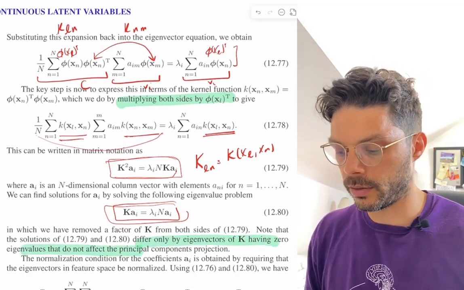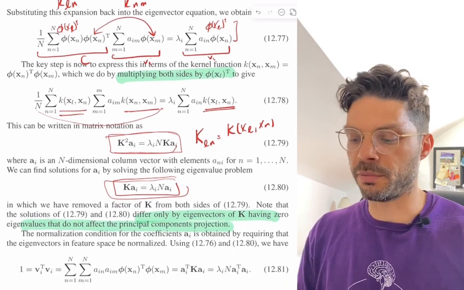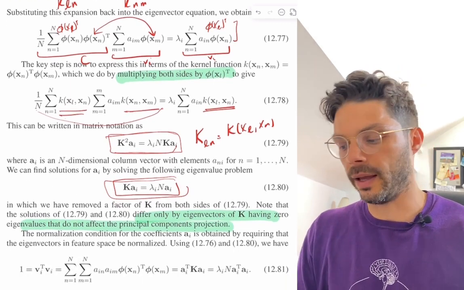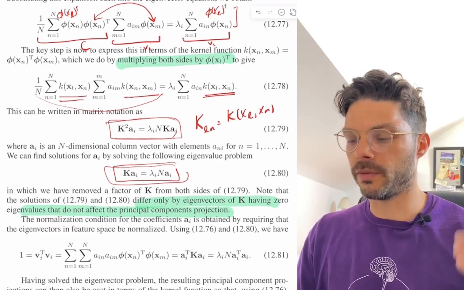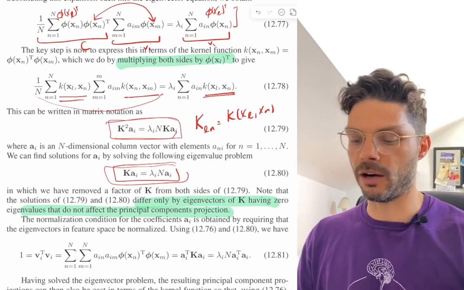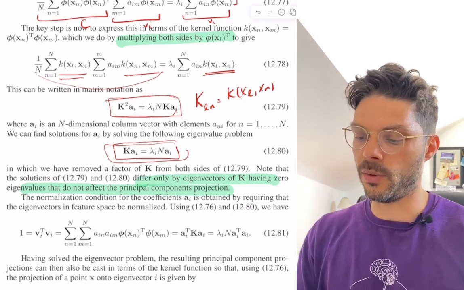So you always have to be careful when you're inverting things, and it turns out that if we do the natural thing here and invert, pretending everything's invertible, the vectors we get out will be the ones we care about anyway.